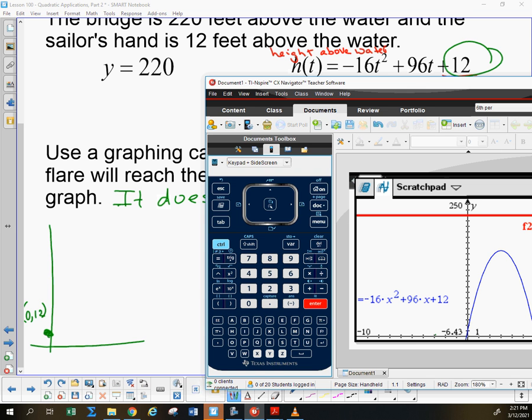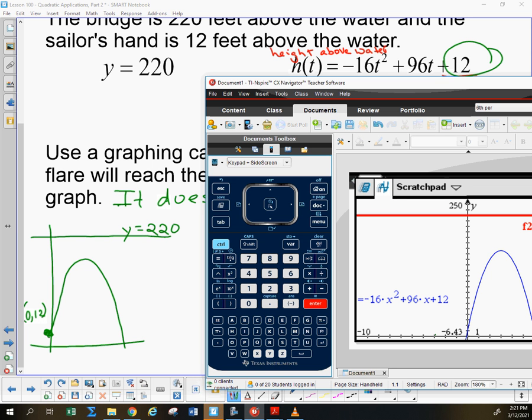It is going to go up and then back down and then hit the water, and it does not reach the 220. So we do another line clearly above that vertex, and that is y equals 220.